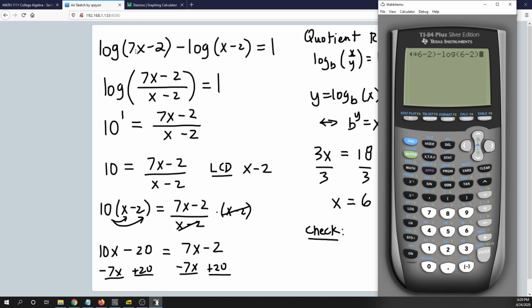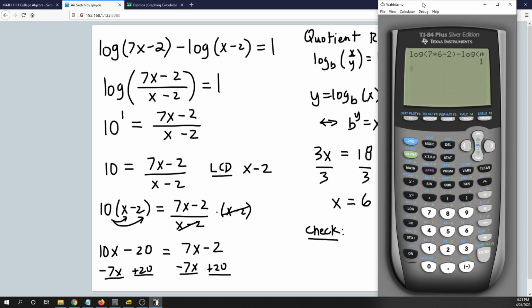So I'm just plugging the 6 in here that I got as a solution, and I click enter, I get 1. If you get an error, then probably what happened is that this solution is something that will make the inside part of the logs negative, or 0. You need to always be mindful of that.